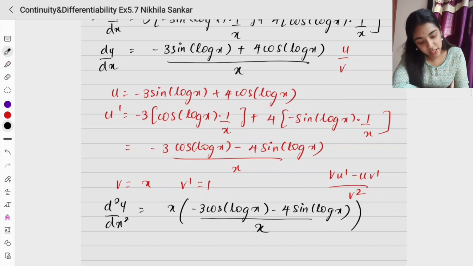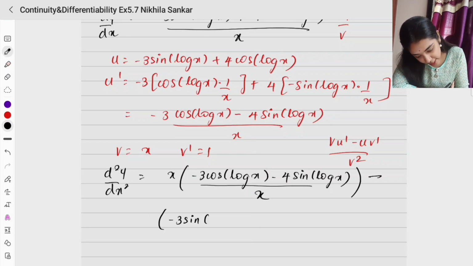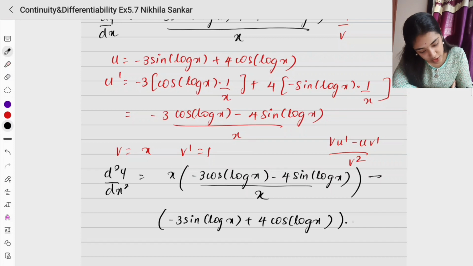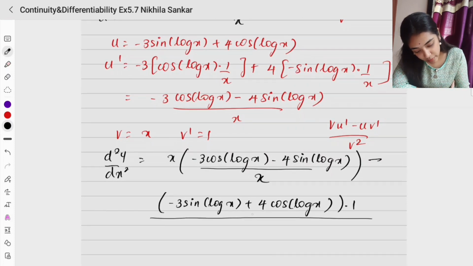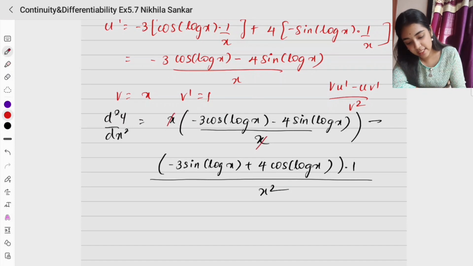So, this is my v u dash minus uv dash, which is going to be, now I'm opening the bracket. I'll have minus 3 sin log x plus 4 cos log x. This is my u. What is v dash? 1. So, times 1. The whole divided by x square, v square. We should not forget that. Here the x and the x are going to get cancelled.